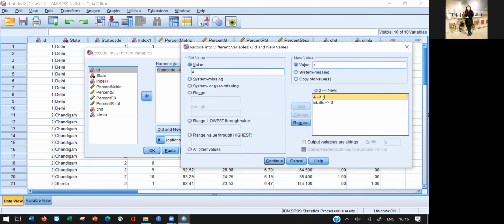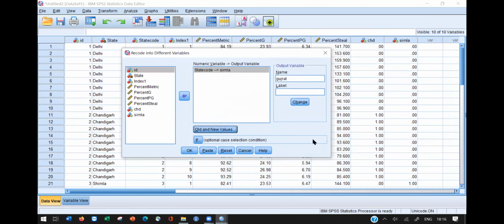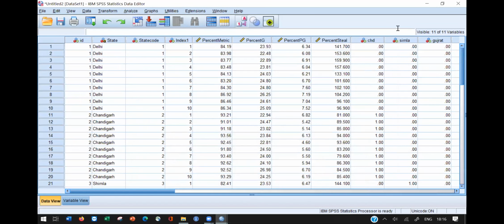Also, rather than changing, if I had pressed add, this would create a problem. So make sure that you change the value or add the value and remove the value. So I'll press continue, change. Okay. Now I have got my dummies created.